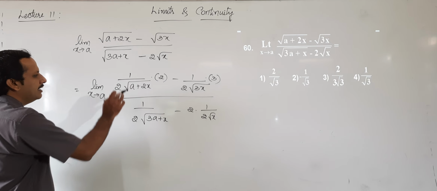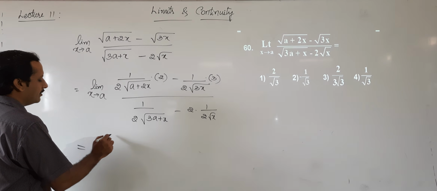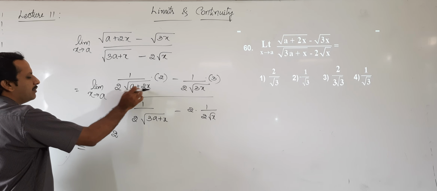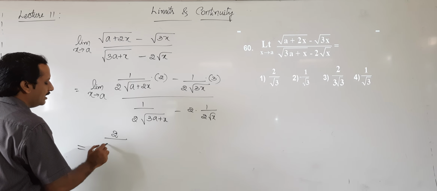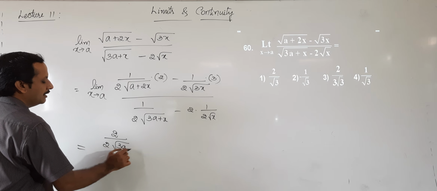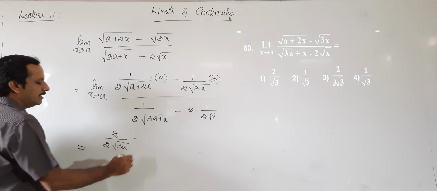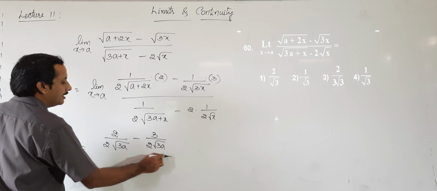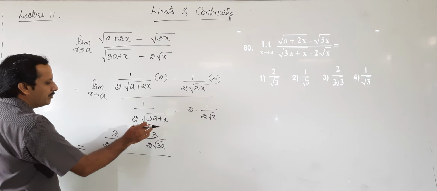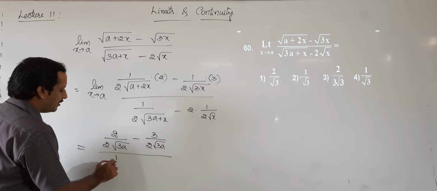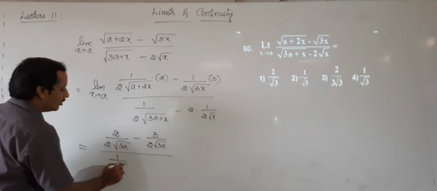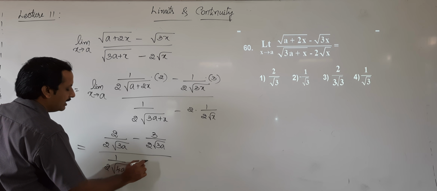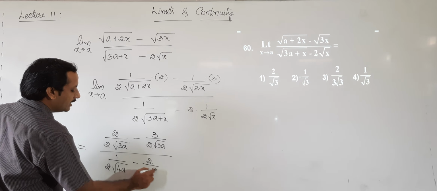Directly apply the limit here: a plus 2a, 3a, 2 by 2 root 3a minus 3 by 2 root 3a, divided by, put x tends to a here, 1 by 2 into root of 4a minus 2 by 2 root a.